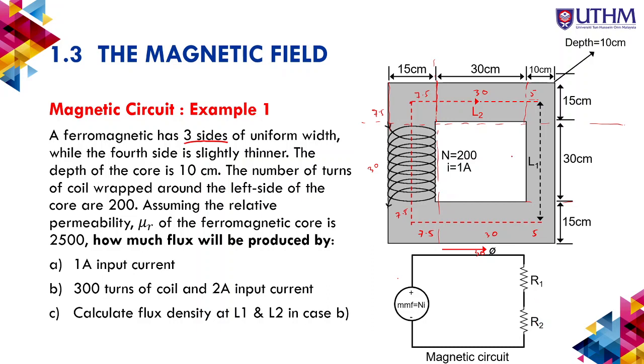So after this, you will see different types of diagram. For example, maybe you will see like this. This is a core. And maybe like this, and maybe like this, with an air gap, or like this.